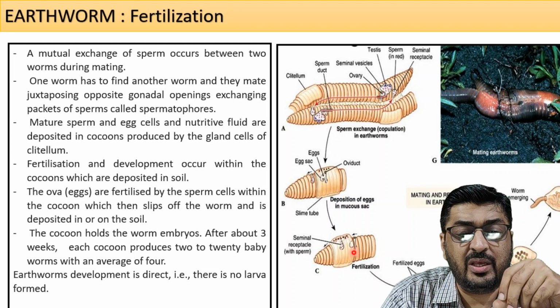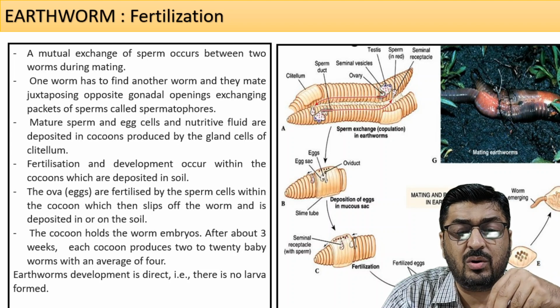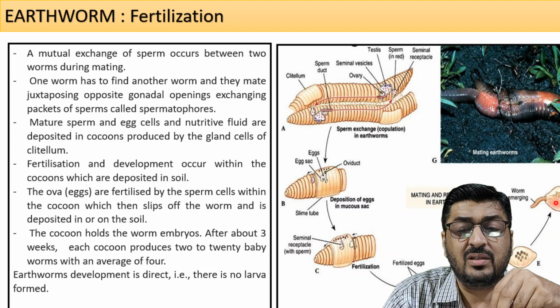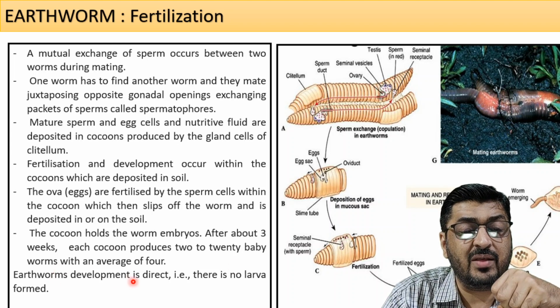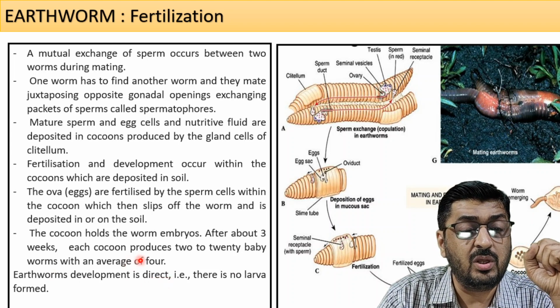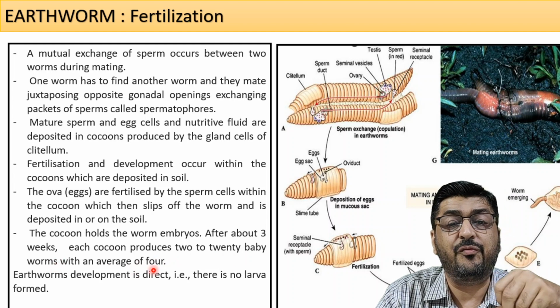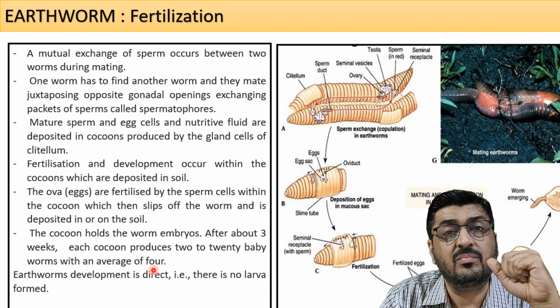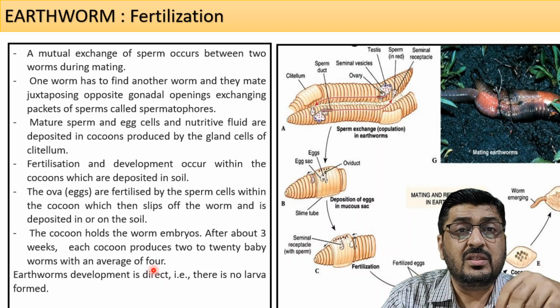Gradually you will find that the earthworm slides out, the cocoon comes out, and you have development of the progeny of the earthworm, right? So earthworm's development is direct, there is no larva formed. Each cocoon produces 2 to 20 baby worms with an average of 4. This is how reproduction in earthworm occurs, right?